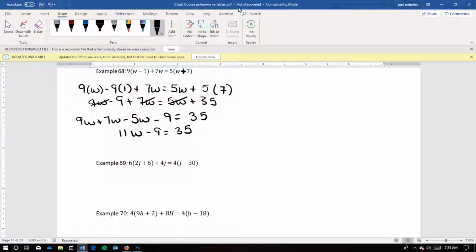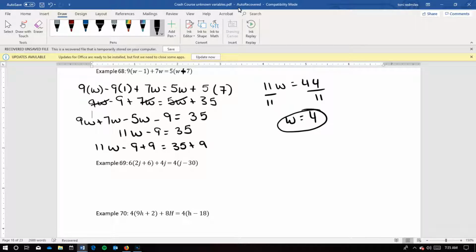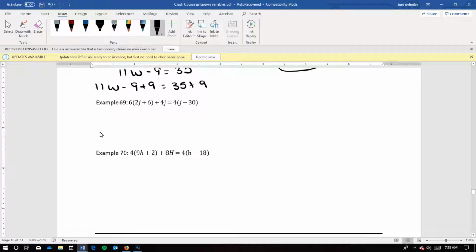I'm going to add that to both sides. Divide out the 11. W equals 4. Okay, so I want to speed things up now.